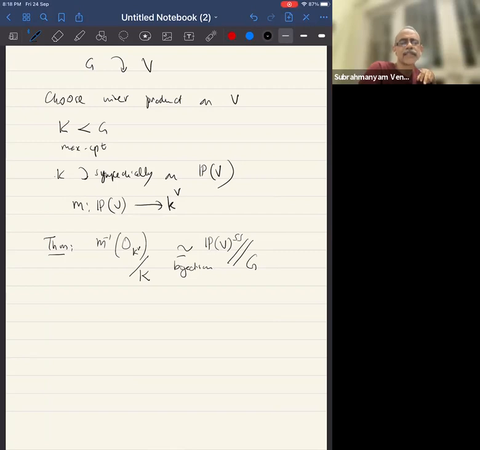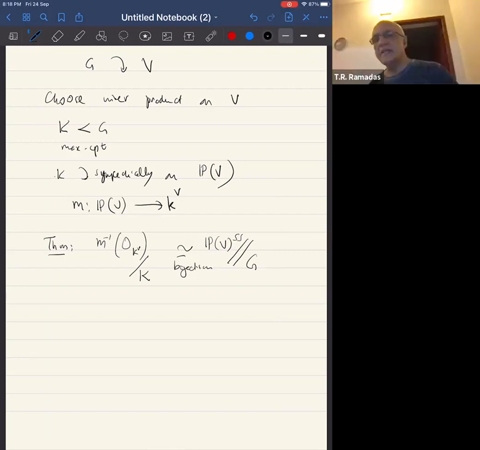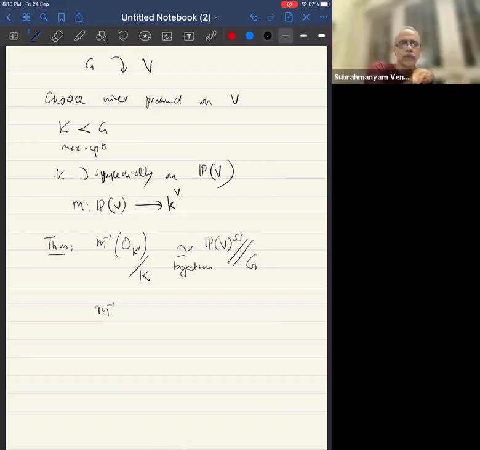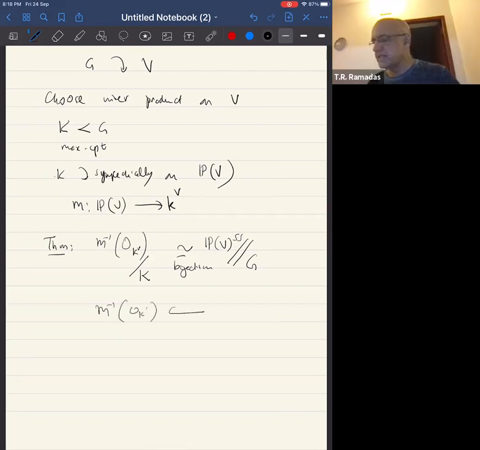Does it act freely on the pre-image, or it depends? No. The point is, M is even a C infinity map from PV to K hat, and the inverse image of 0 will be a closed set in a compact space.